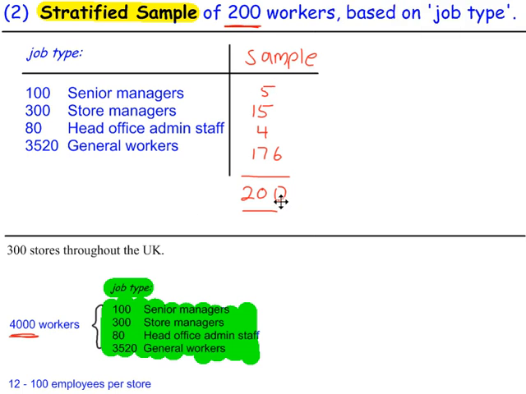And they all add up to 200, which is what they should do. Now we need to look at how do you select these 5 senior managers from those 100. Whatever method we're going to apply to the senior managers, we will use the same method for selecting these 15 store managers from those 300, these 4 head office staff from the 80, and so on.